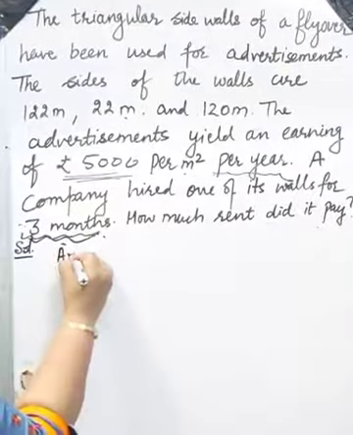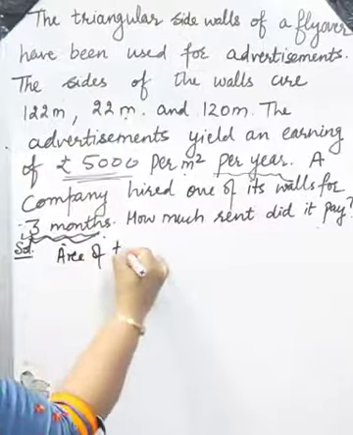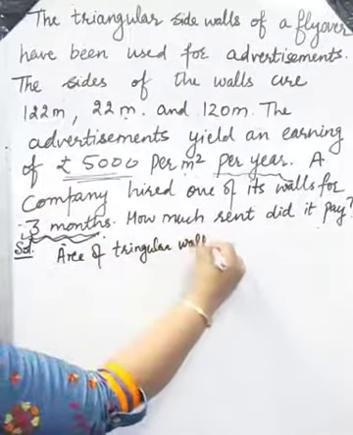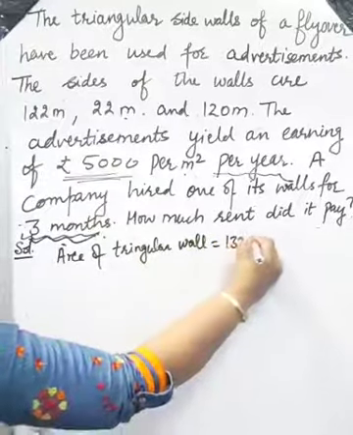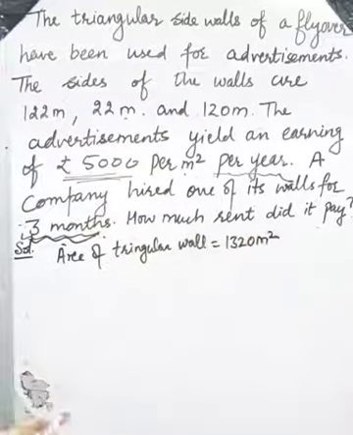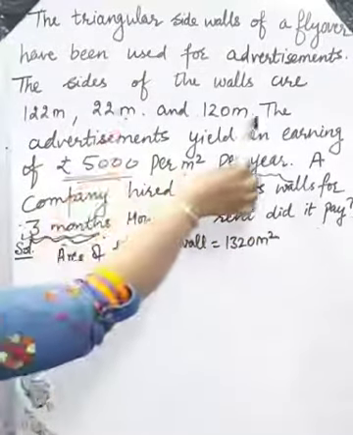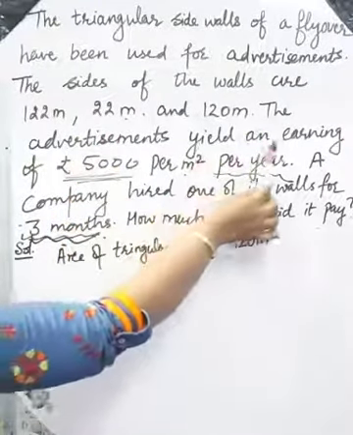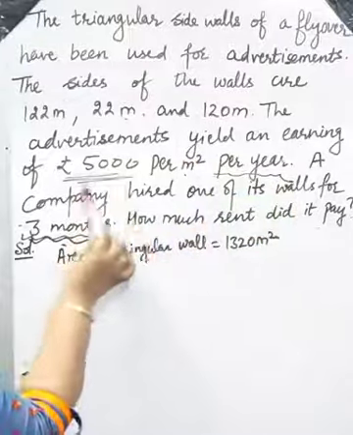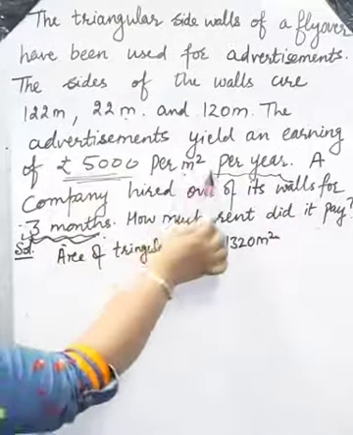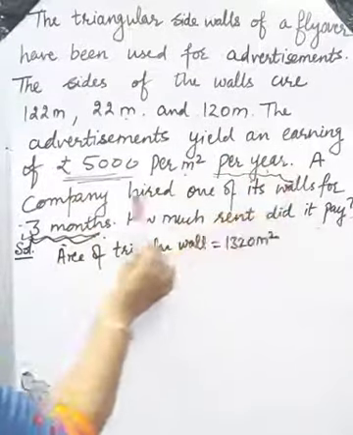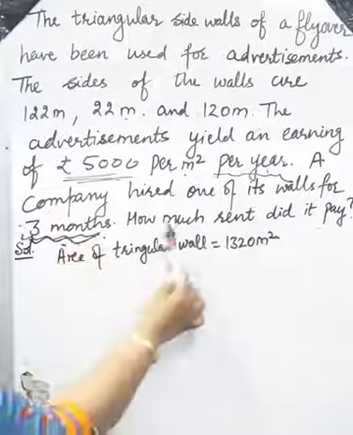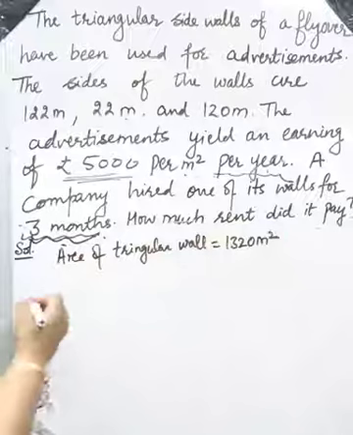Now area of the triangular wall equal to 1320 meters square. Now the next part of this question. The advertisements yield an earning of rupees 5,000 per meter square per year. A company hired one of its walls for 3 months. How much rent did it pay?